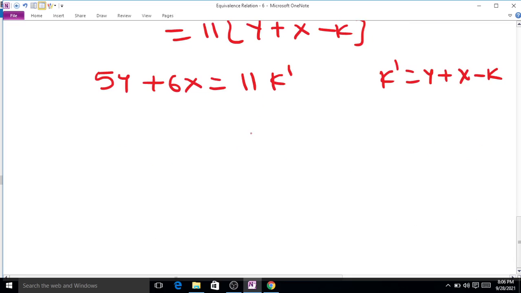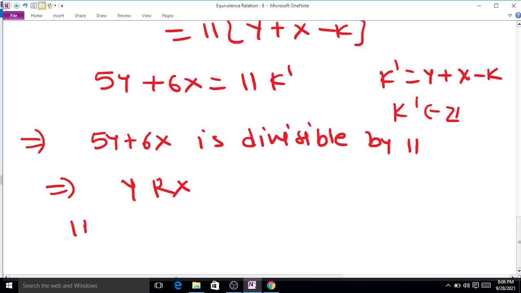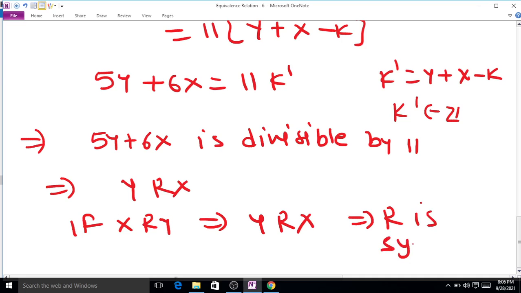So this implies 5y plus 6x is a multiple of 11, which implies 5y plus 6x is divisible by 11, and therefore we can say that y is related to x. Therefore, if x is related to y implies y is also related to x, and therefore R is a symmetric relation.